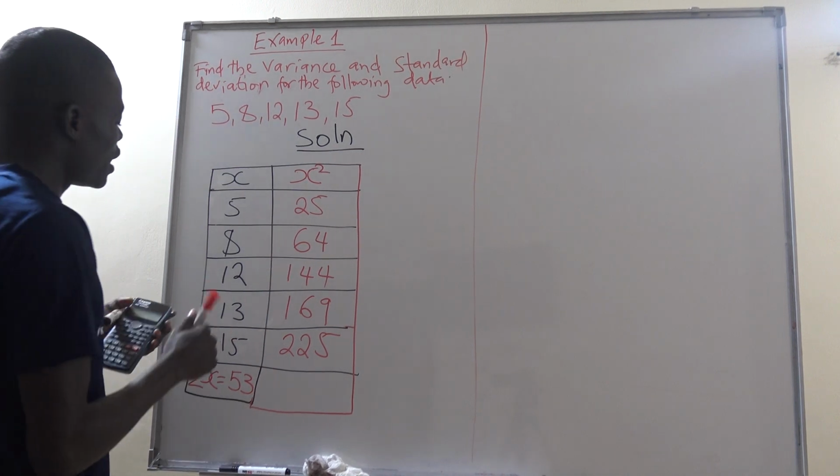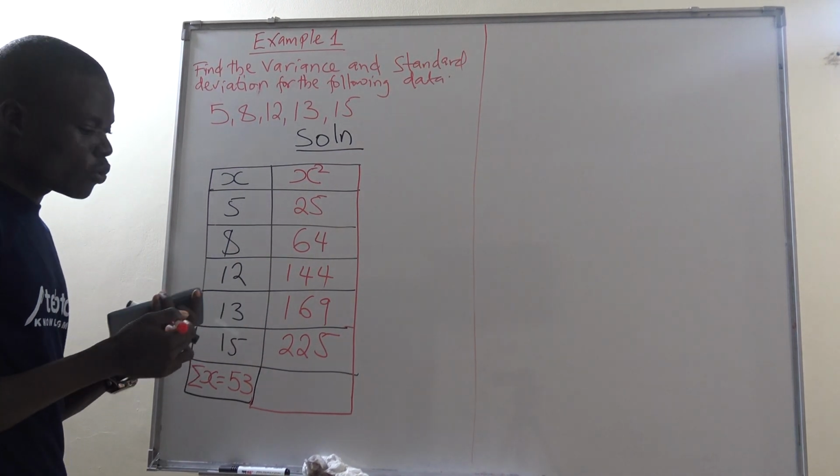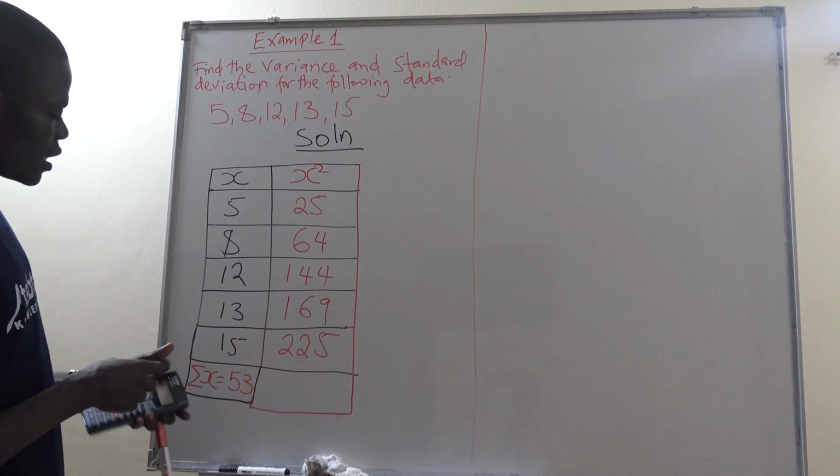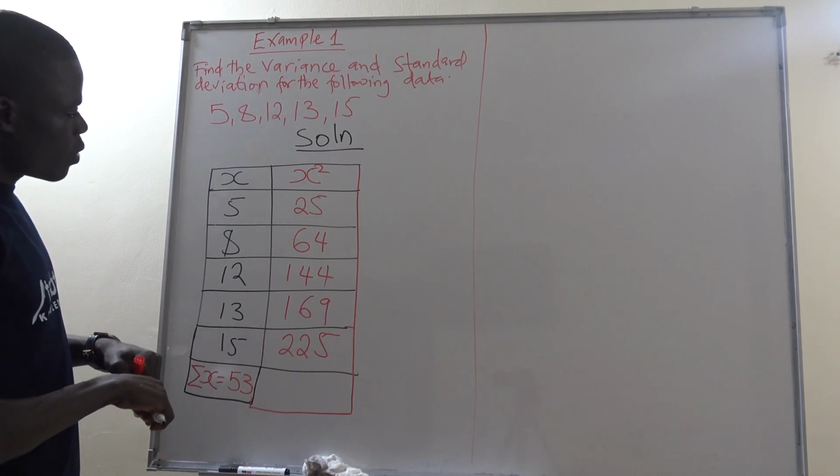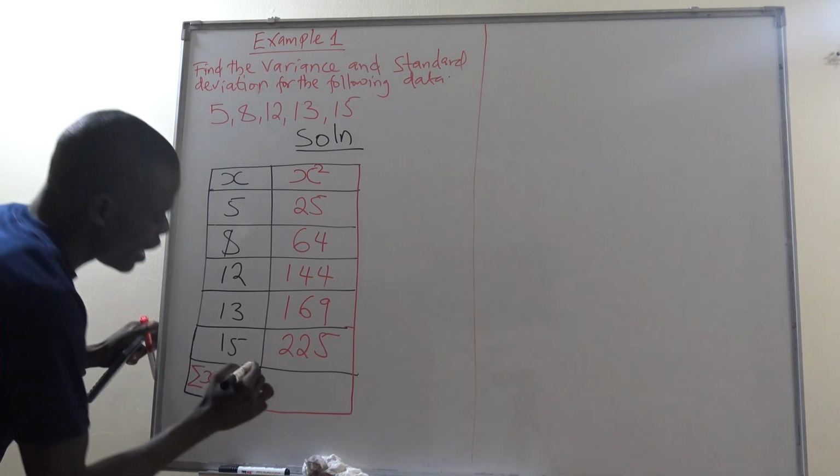Immediately, as we did for the values of x, we shall also sum all the values in the column of x squared.